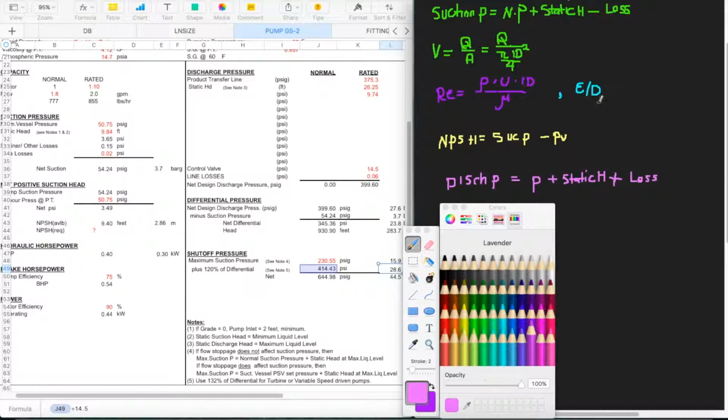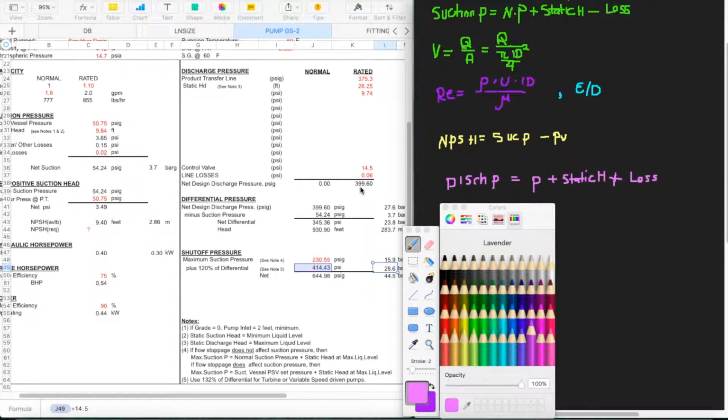Previously for suction we used the minus, now we use the plus. On the discharge line we might have control valves or other equipment or fittings. We add all of them and then we find the discharge pressure. Now discharge pressure is almost 400 psi.